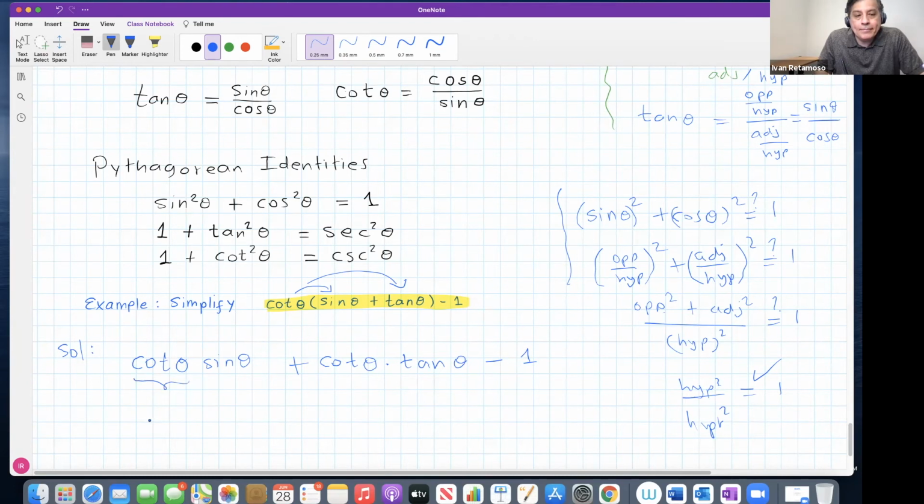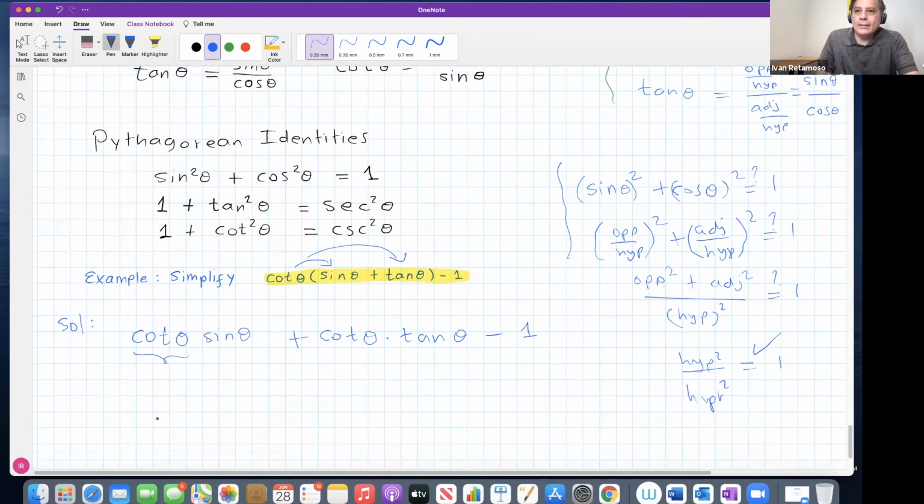Cotangent of theta, according to our quotient identity, should be cosine of theta over sine of theta times sine of theta here, plus cotangent of theta is cosine of theta over sine of theta. According to our quotient identity, this tangent is sine of theta over cosine of theta, right? Minus 1. This guy cancels with this.